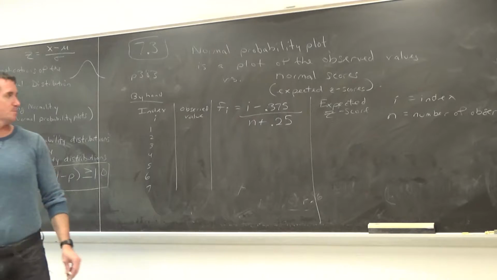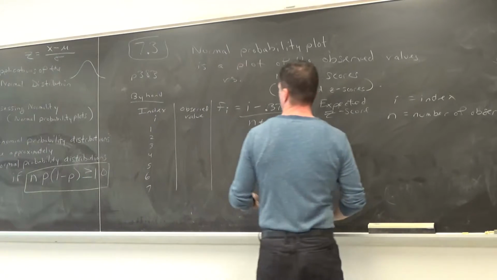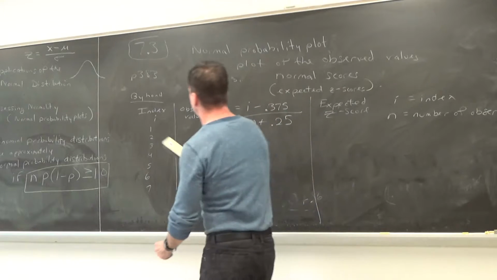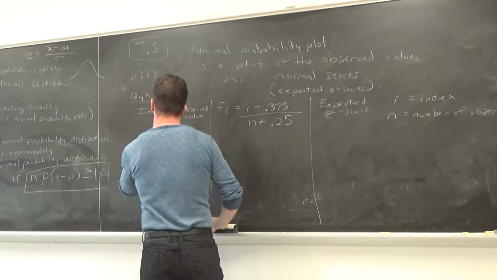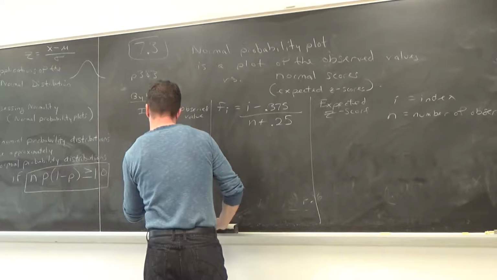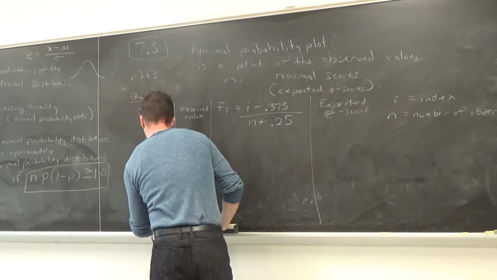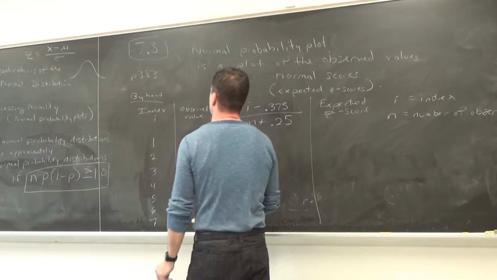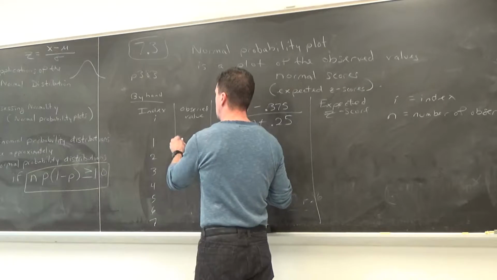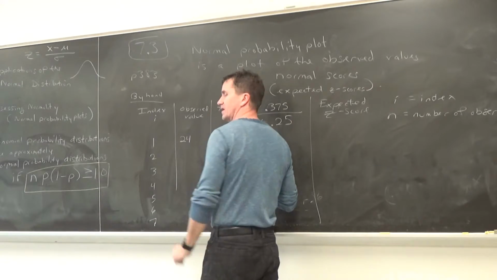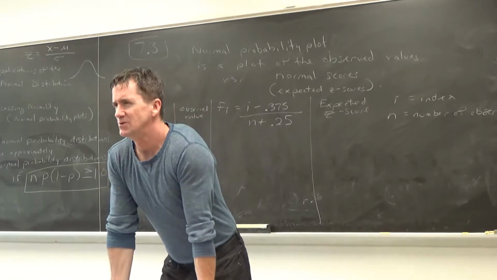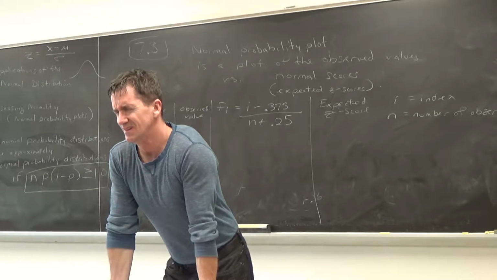And the way you get your expected z-score, everyone, I'll give you an example of these problems. Let's say 1, 2, 3, 4, 5, 6, 7. Let's say my observed value is 245. I'm trying to think of the last answer we got. 245 point, what was it? That lower end?